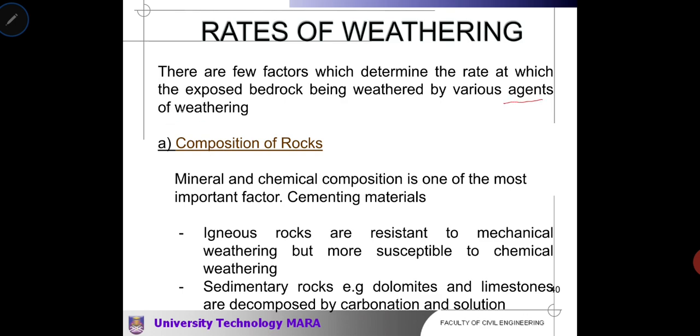We already know the agents of weathering, and these depend on the region and the geography. Meaning that if you are in Malaysia, the agents of weathering are of course heat and also water, because we have heat and rainy season throughout the year.